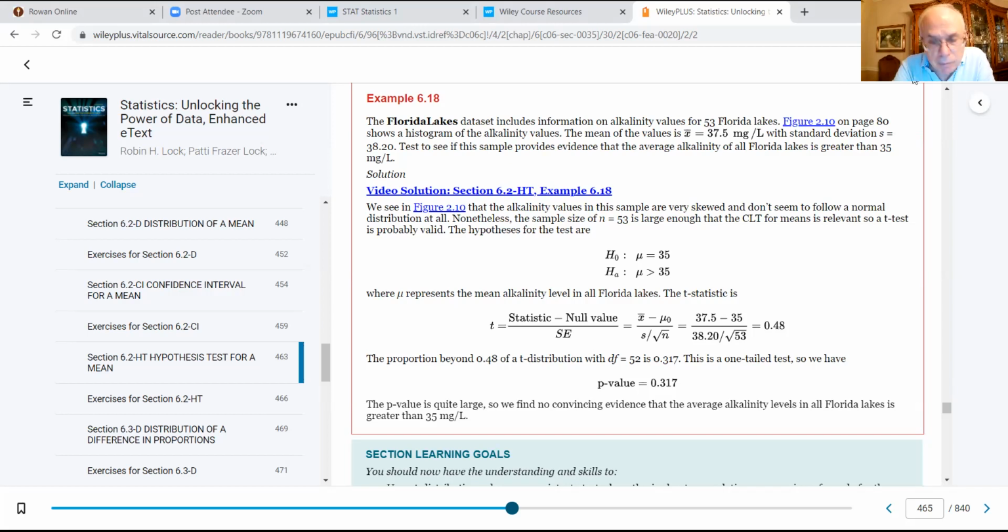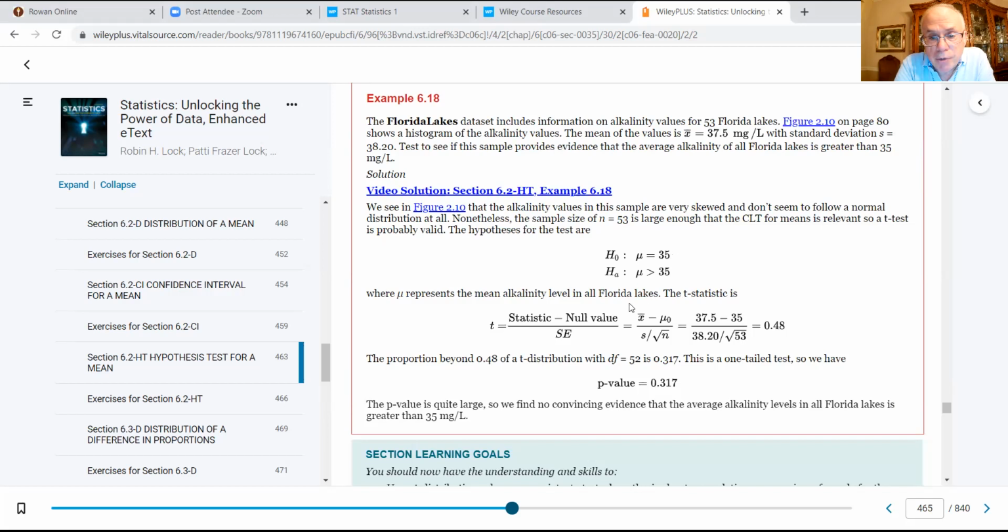Okay. All right. So let's look at what the research question is. We want to see if the average alkaline level of all Florida lakes is greater than 35 milligrams per liter. So that is going to be the alternative hypothesis. The null hypothesis is mu is equal to 35.